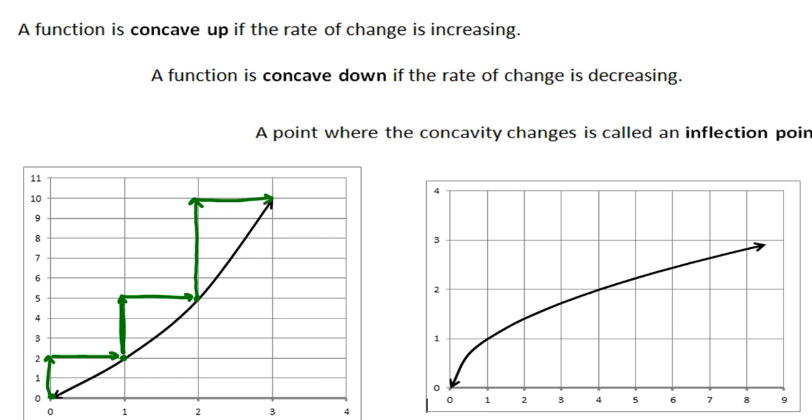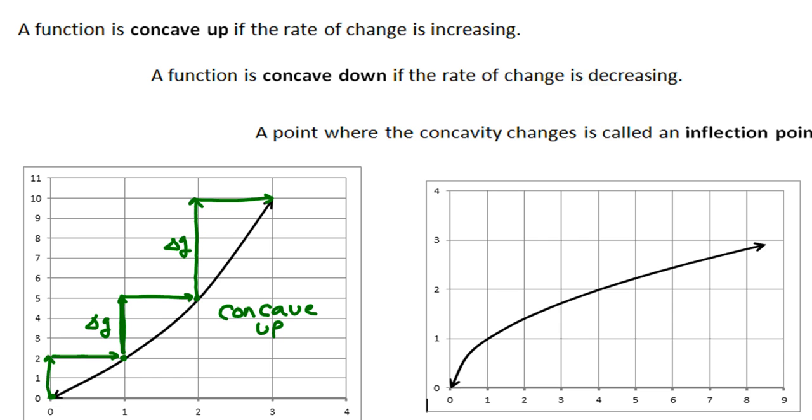So here we have what we call a concave up function. The rate of change is increasing. The change in y is getting larger and larger for the same change in x. So this one would be what we call concave up. The graph is getting steeper as it increases.